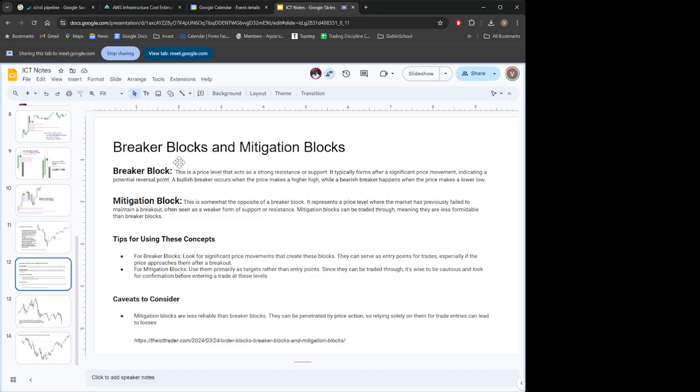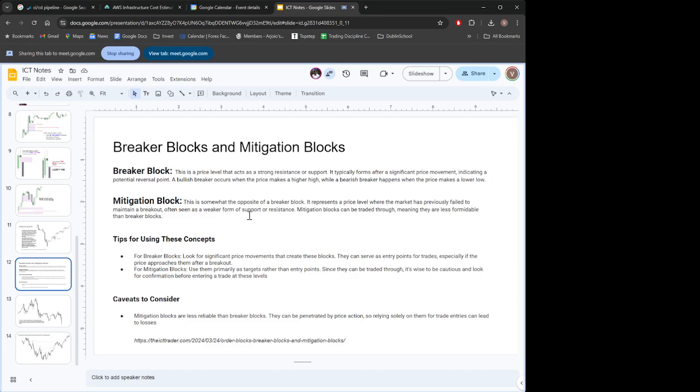You look for breaker blocks, which is the closest you can get to buying at the low or selling at the high. That is why the breaker block is very important, and it has the highest probability if you can recognize it and take a trade at that point.